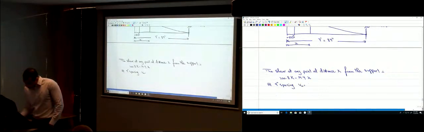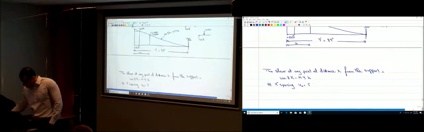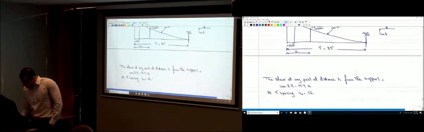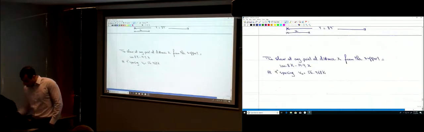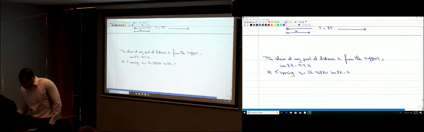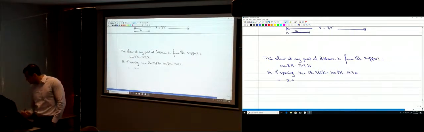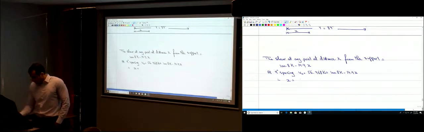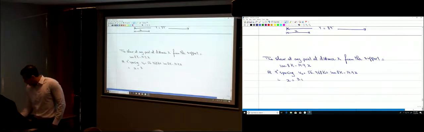V ultimate is 56.768 K, which should be equal to 100.8 K minus 14.4x. Therefore, solving for x gives 3.058 feet. Multiplying by 12, that's 36.69 inches.